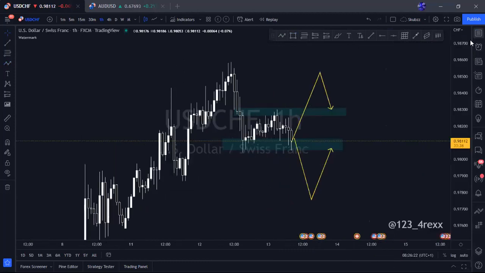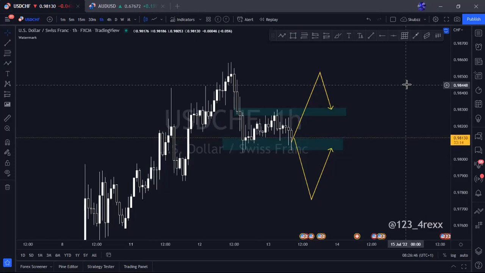Any other pair? GBP JPY. I want to look at it on my MetaTrader. The RSI on the MetaTrader is much more accurate. Let's see. We are not having any RSI divergence, but then we're having this whole massive bearish candlestick.